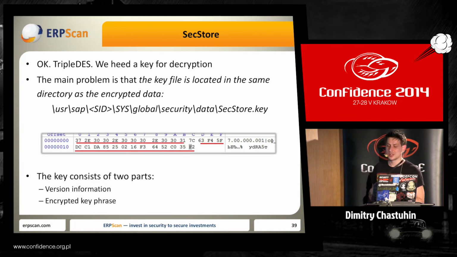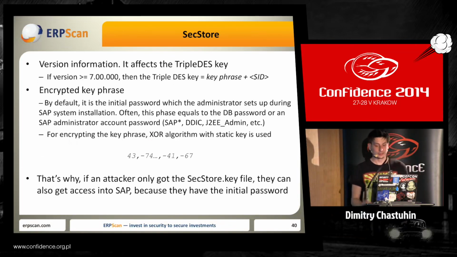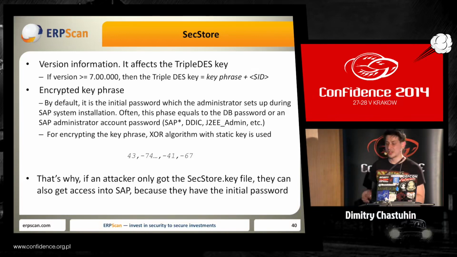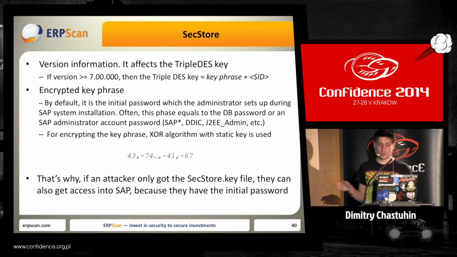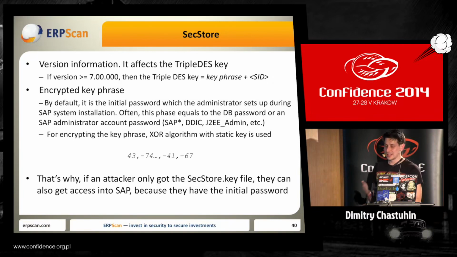If we look deeper at this file, we will see it consists of two parts. First, version information, and second, the encrypted key phrase. Version information is very important because, depending on the version, the 3DES key may change. For example, if the version is above 7.0, this means the key equals the key phrase plus the SID of the SAP system.